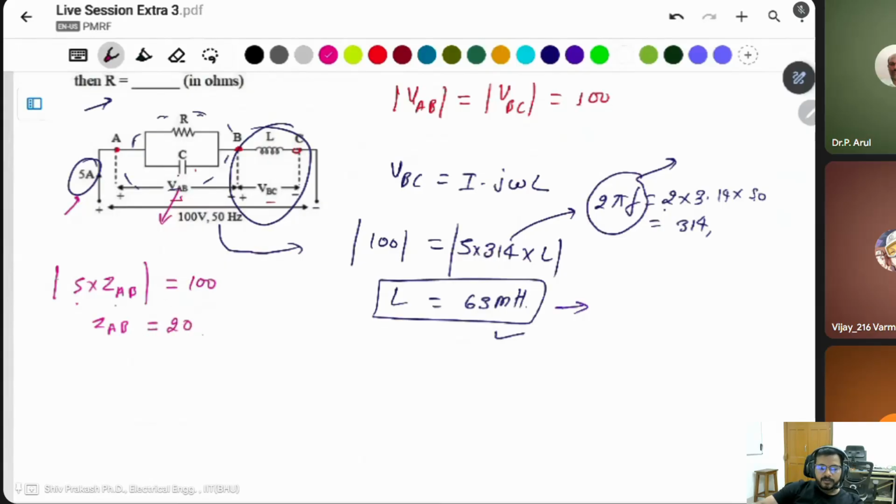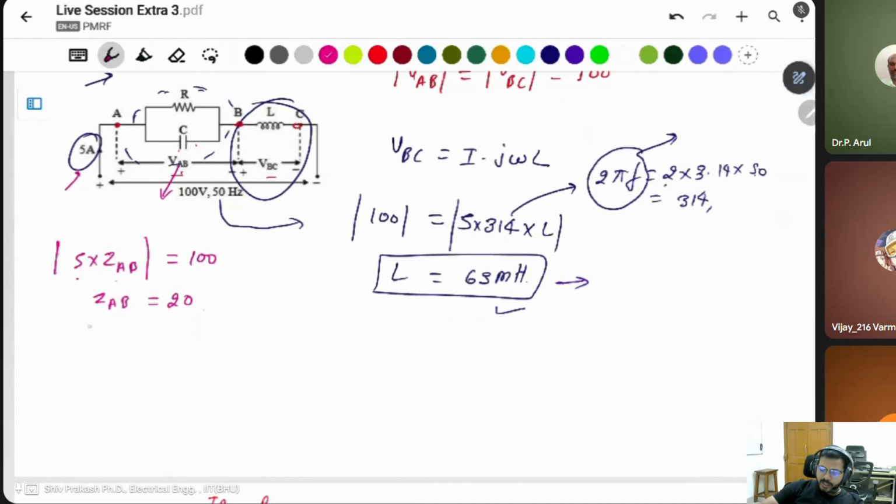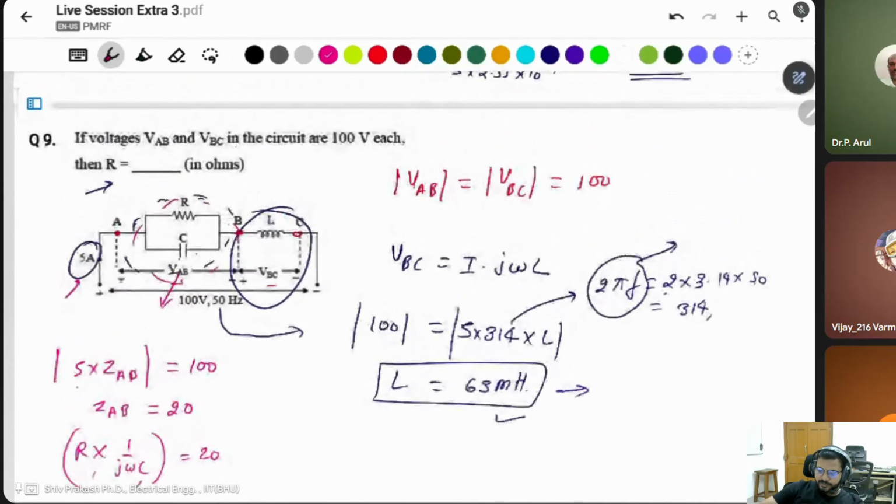ZAB is 20. Then you have to find this impedance, R parallel with 1 by j omega C. These are two variables, C and R both.